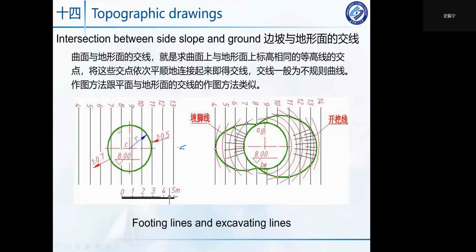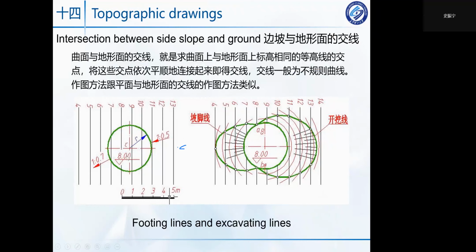And this green circle is a circle plate, and its elevation is 8.